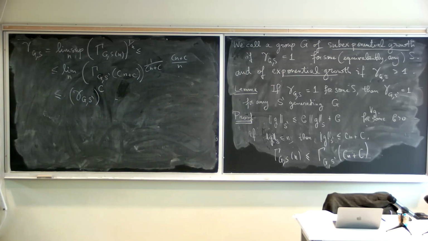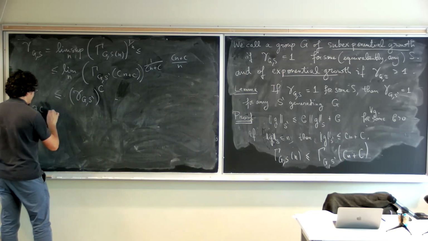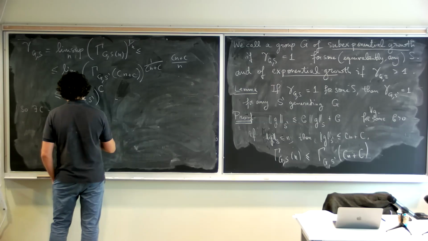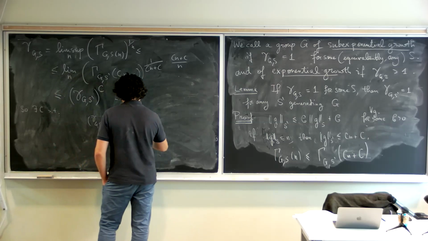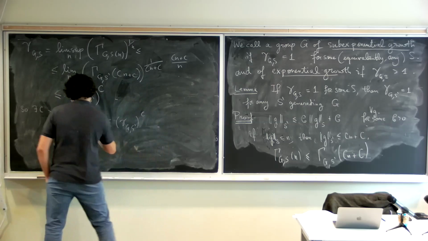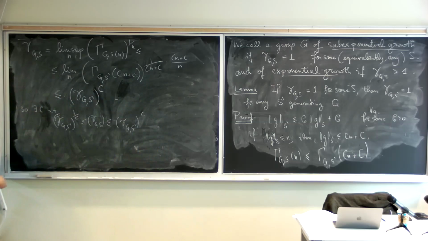And the same is true the other way around. So in general, there exists a C such that gamma G, S is bounded by gamma G, S prime to the C, and it's bounded by gamma G, S prime to the 1 over C. So you see, the number gamma is not independent of the generating set.